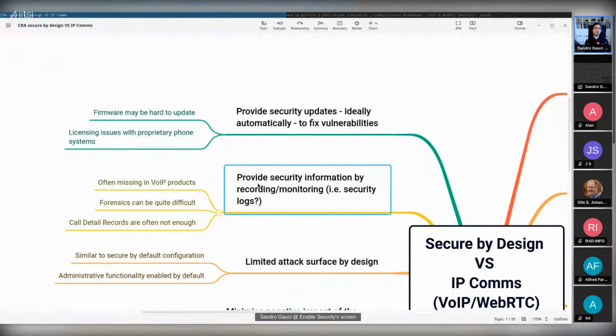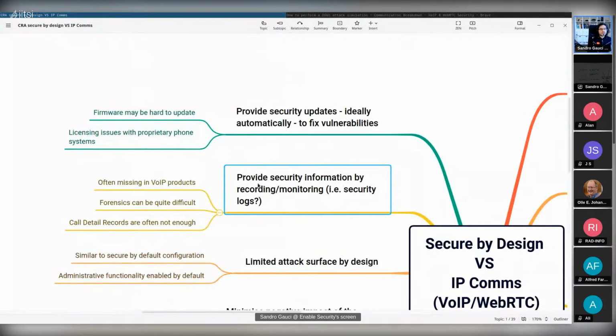And finally, provide security updates, of course, ideally automatically to fix vulnerabilities. It's a very big topic. One thing to mention is that firmware quite often is hard to update. You might have provisioning, so that definitely helps.